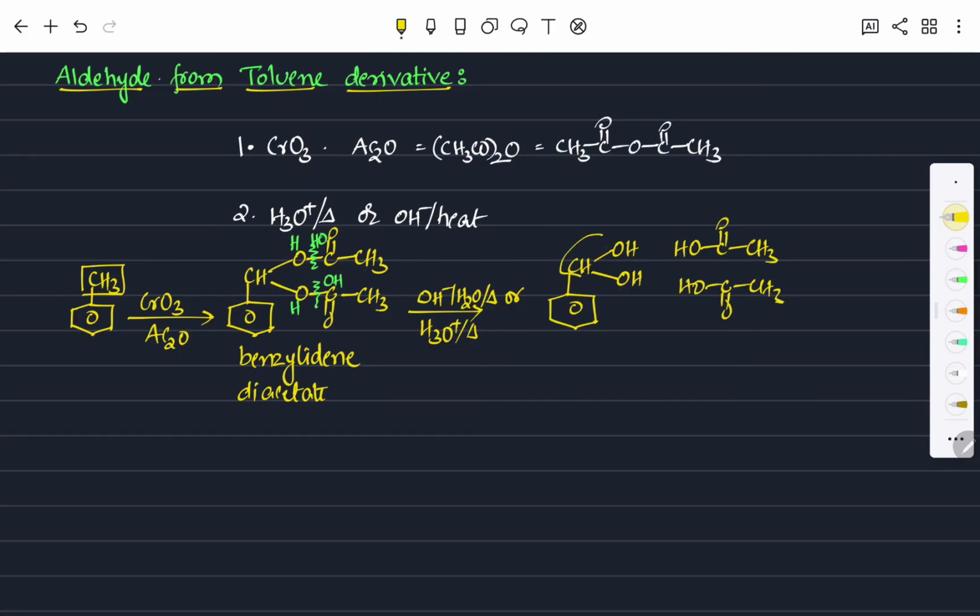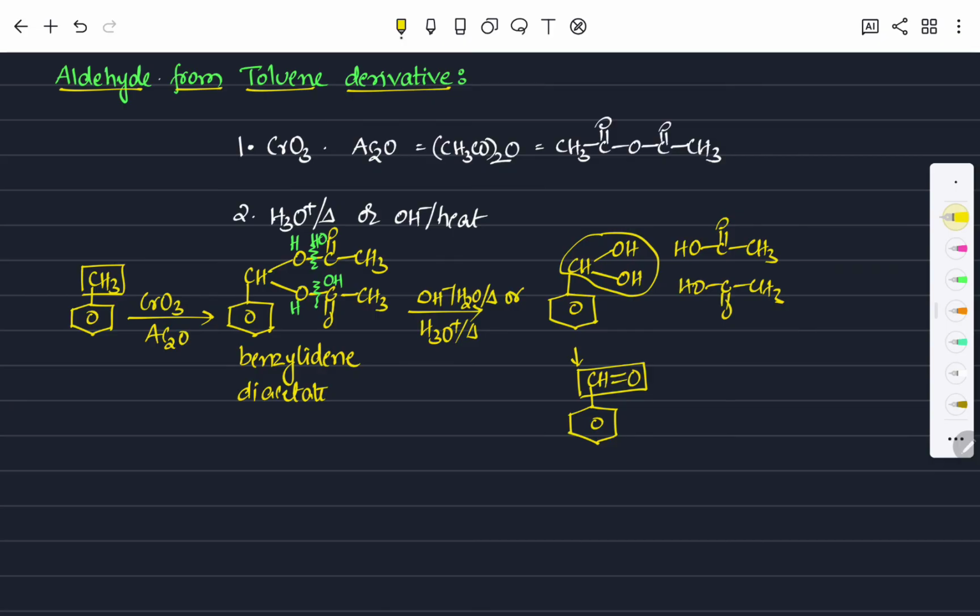Now this is the hydrated form, and the hydrated form immediately loses water and finally converts into aldehyde. So toluene on addition of CrO3 and acetic anhydride, after hydrolysis, finally converts into aldehyde.